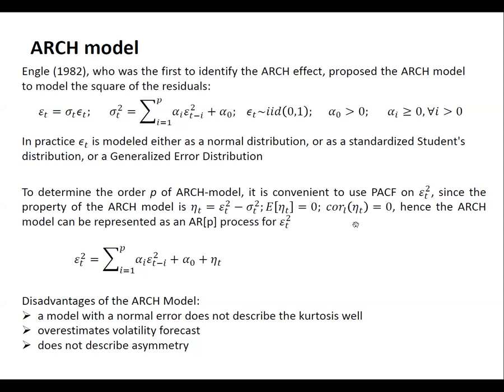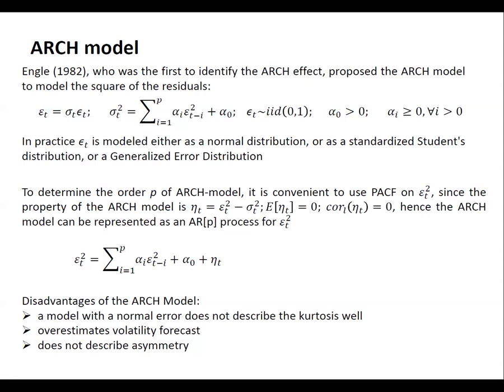Due to this property, the ARCH model can be rewritten as an AR(p) process for epsilon squared, and this error eta becomes the error of the AR model.